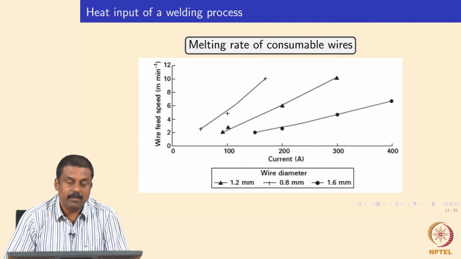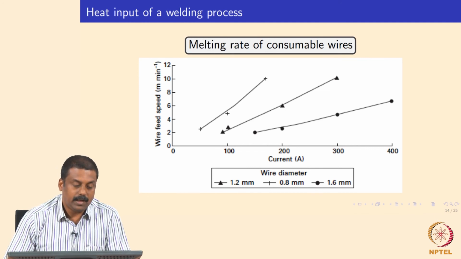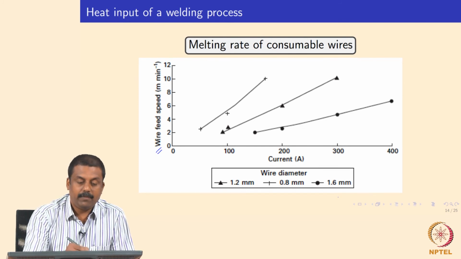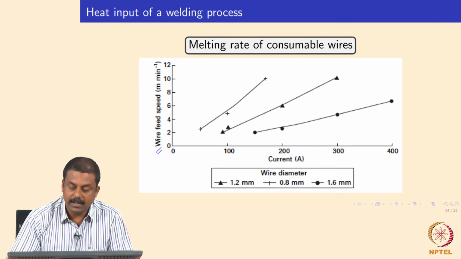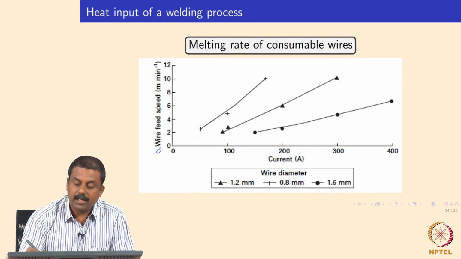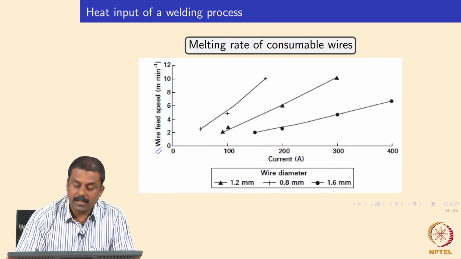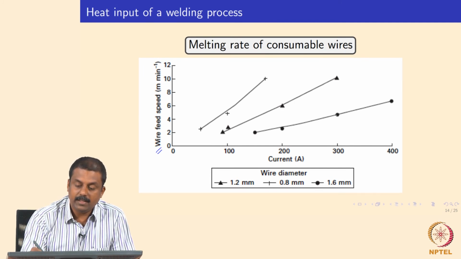Okay, so when you want to keep the arc length constant, obviously your wire feed rate should be equal to the melting rate. And once you have a constant arc length, so your wire feed rate equals your melting rate, then as a function of wire diameter, you keep the stick out length constant, and if you change the wire diameter, obviously by increasing diameter you are melting less.